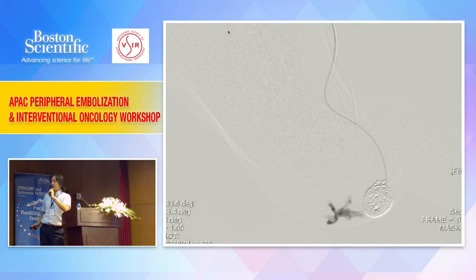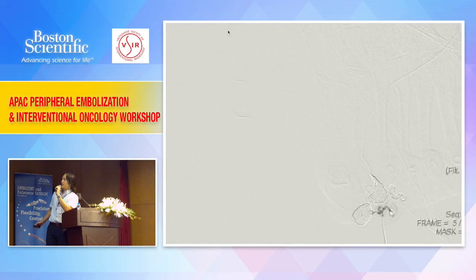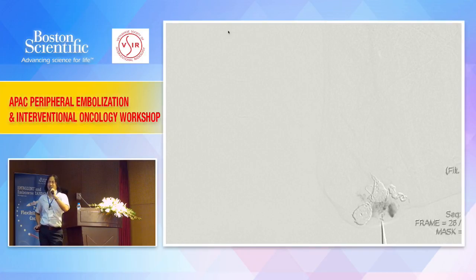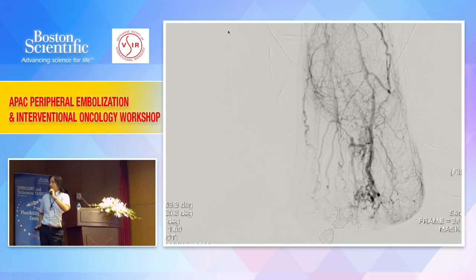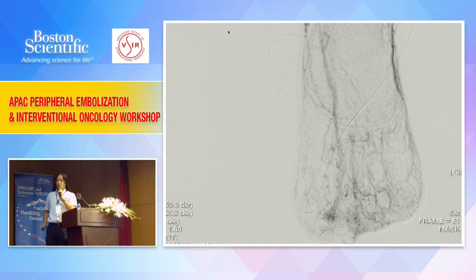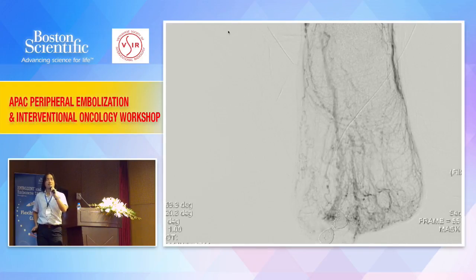And then I punctured another point, and you can see that maybe this is a type 2, type 3B, so I injected alcohol here. Then after the 2 sessions, the AVM is almost completely embolized.